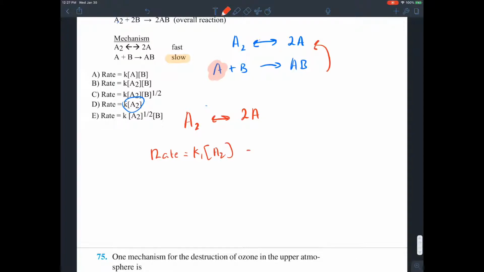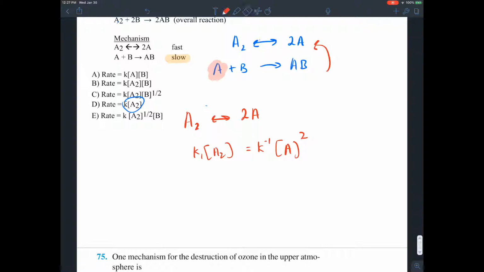I'm just saying what this would equal if this was, let's say, the first equation we actually composed a rate law for. That rate is equal to K1 and A sub 2. And since the reverse reaction is the same, instead of K1, I'm going to do K inverse because it's going the opposite direction, and that is going to be equal to A squared.